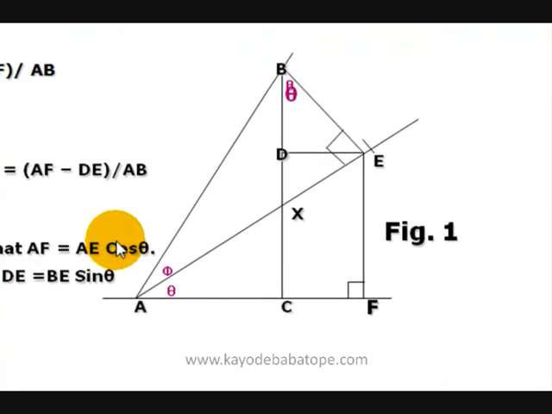Similarly, from triangle AEF, you still find that sin theta, sine being opposite over hypotenuse, will be equal to EF over AE. However, this is based on using triangle AEF. But we have proven earlier in the proof that angle theta in triangle AEF is equal to angle theta in triangle BDE.